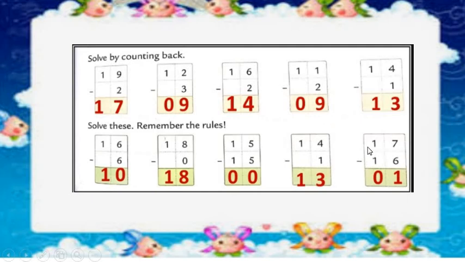Here you have to make the sign outside of this box. Though here you have a single digit, you should not make the subtraction sign in this column. You have to make the sign outside of the box. This was solved by counting back. I hope you all understand well and you have all copied it in your notebook.